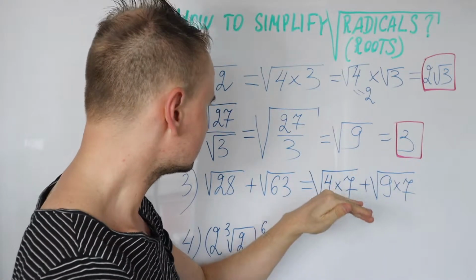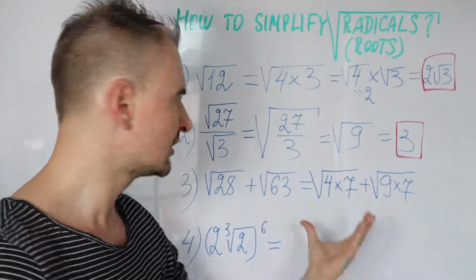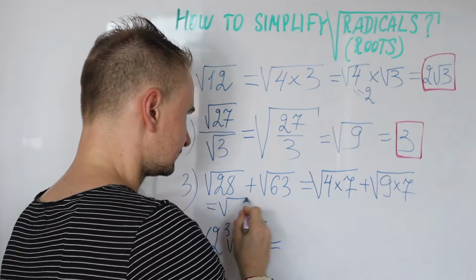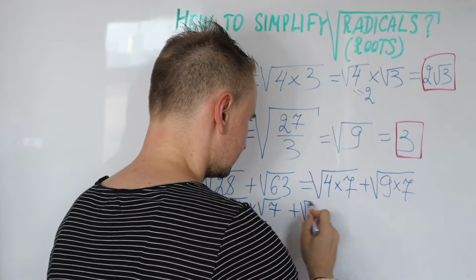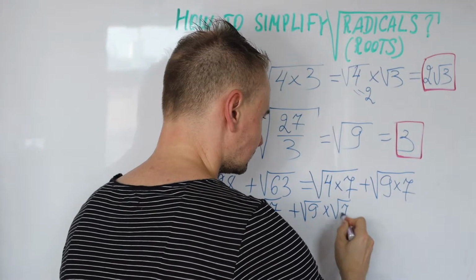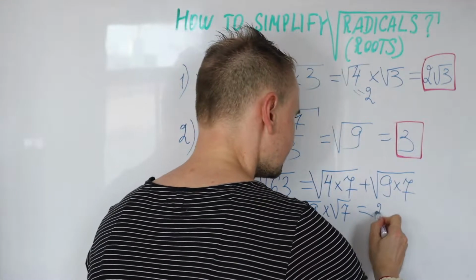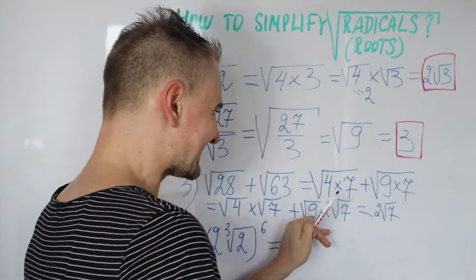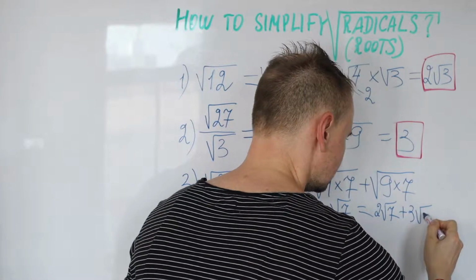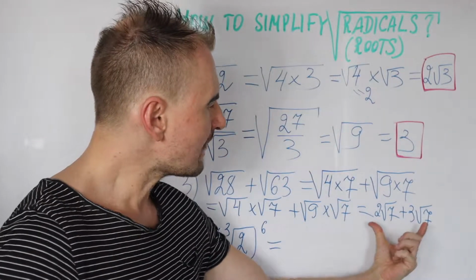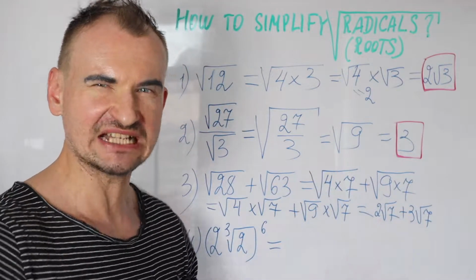Now, at this stage, like we did before, we can break down these roots. Since 4 is a perfect square, the square root of 4 is just 2, and the square root of 9 is just 3. Now you have 2 root of 7 added to 3 root of 7.